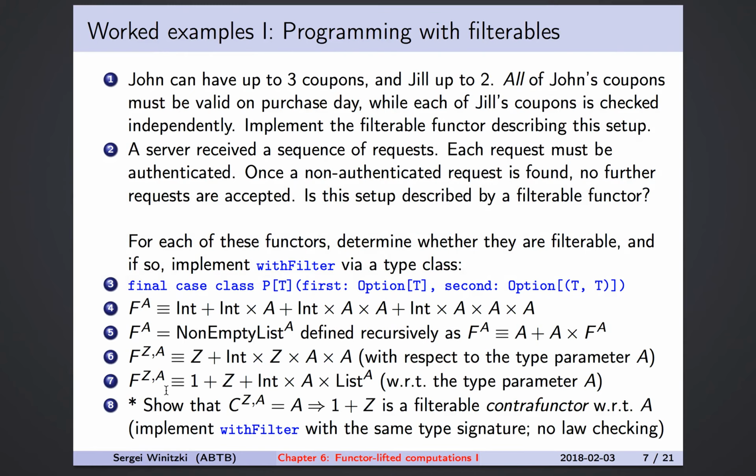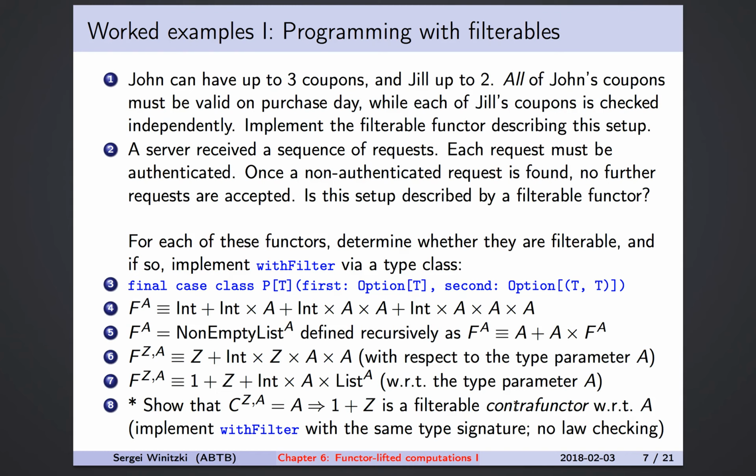The last example is a little advanced because it introduces a new concept, filterable contrafunctor. Now it seems a lot to introduce a new concept in an example, but it's an easy step.